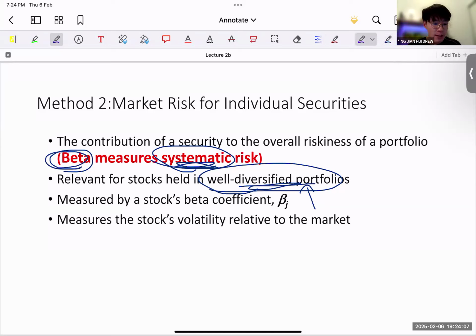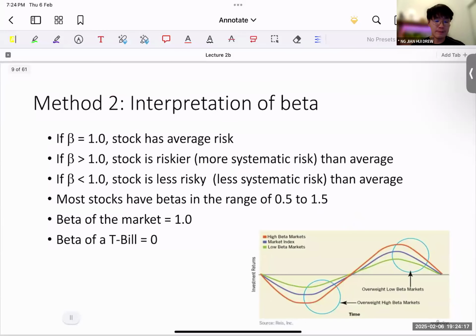It measures the volatility of the stock relative to a benchmark, or we call it the market benchmark, right? So beta is not a fancy Greek thing that just appears out of nowhere. It actually has meaning, right?